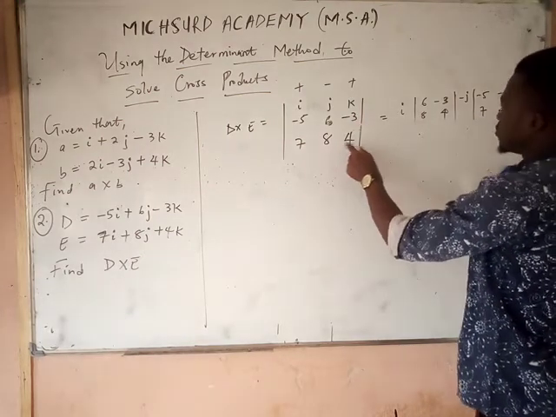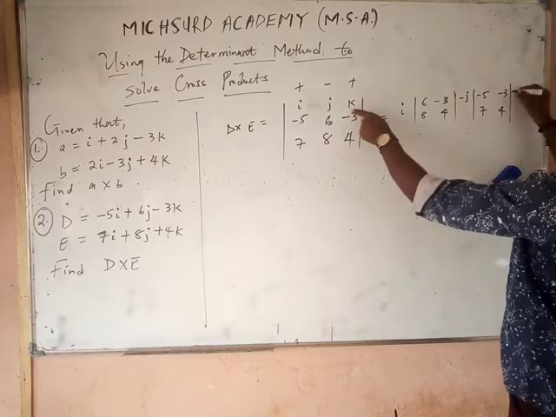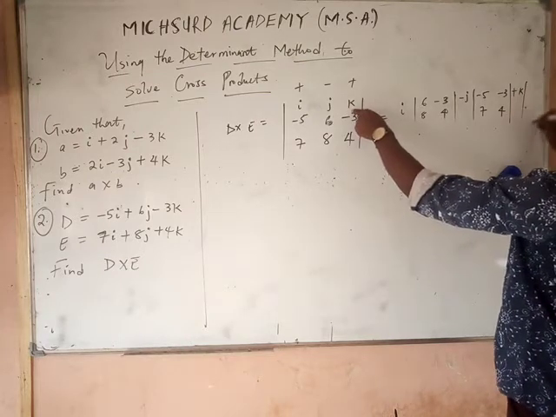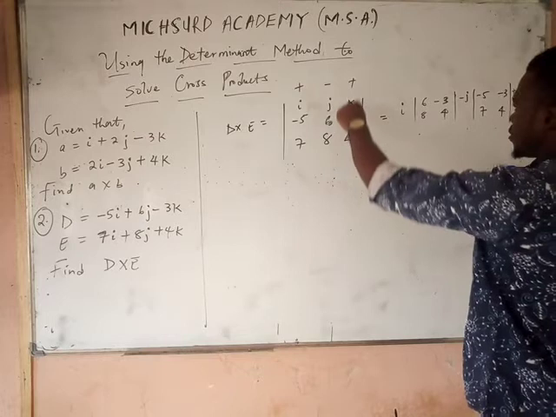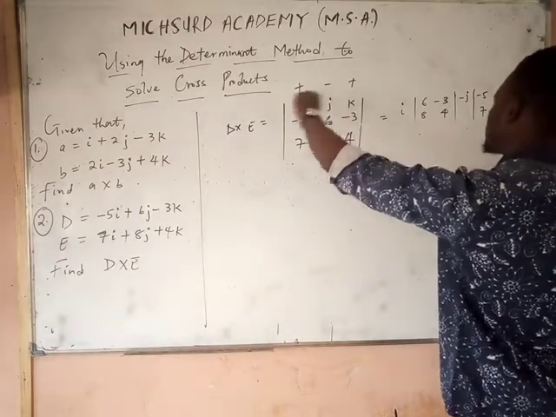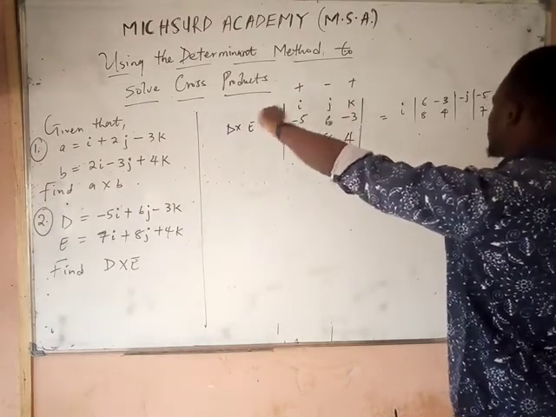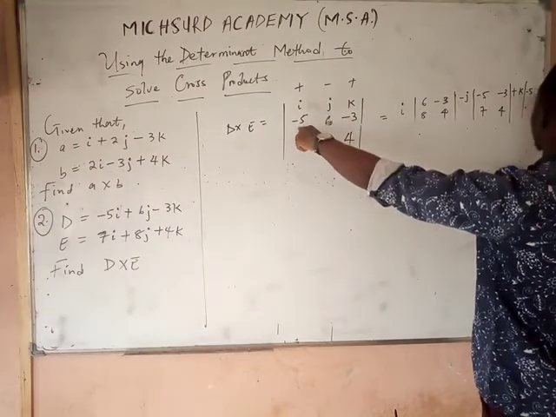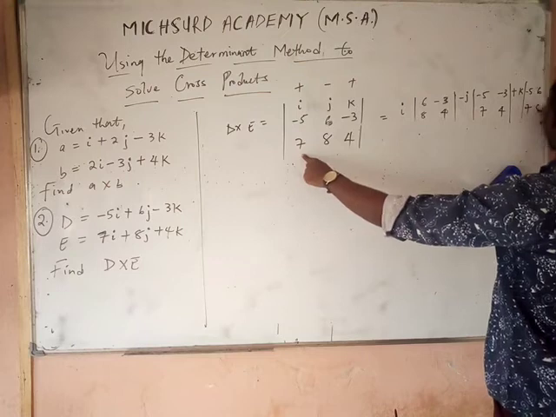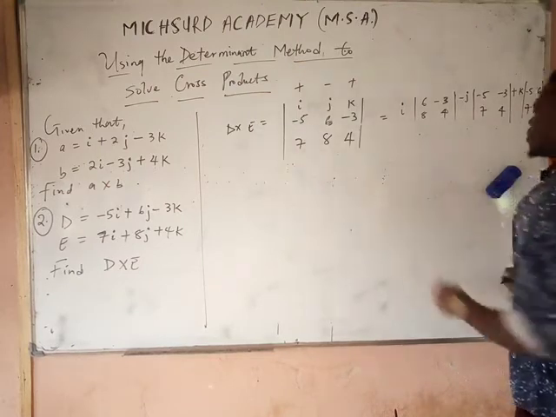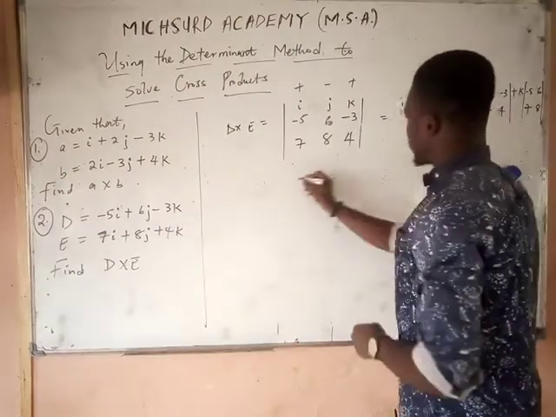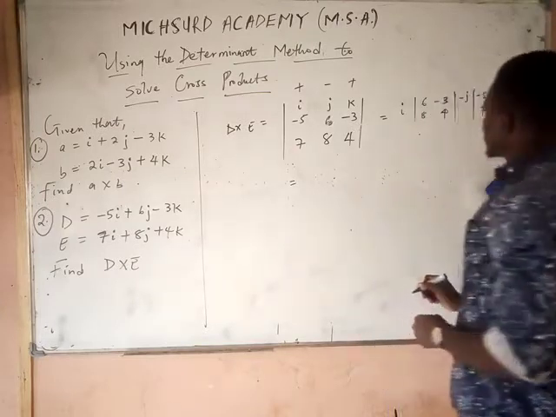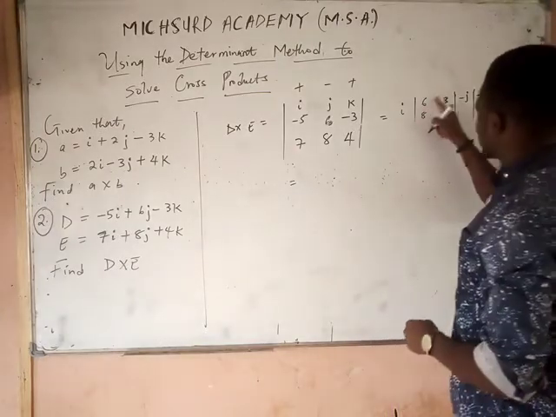Alright, so the next is k. We have positive k. Then we cancel everything under k and everything by the side horizontally with k. So what we have left is minus 5, 6, 7, and 8.